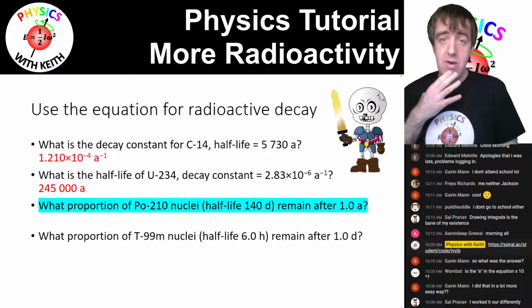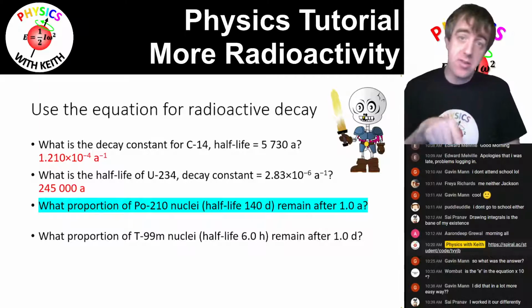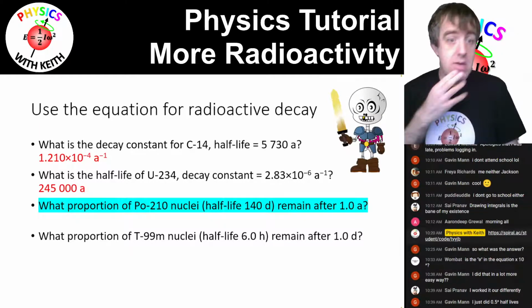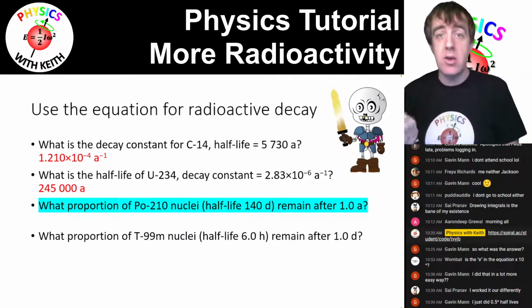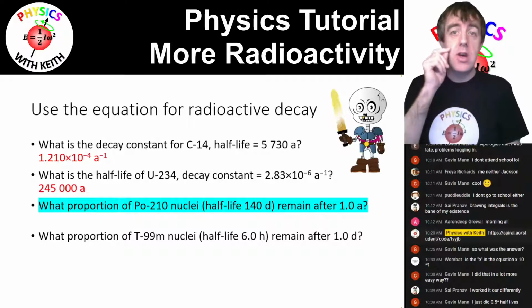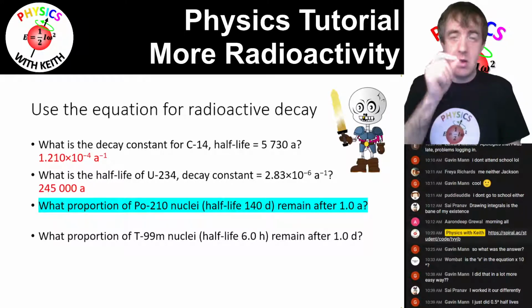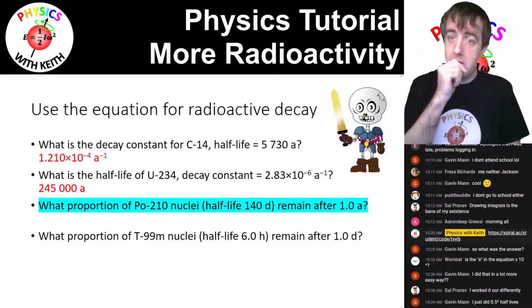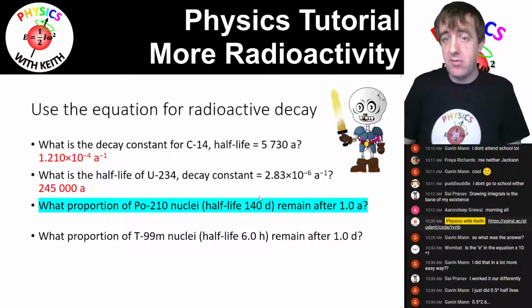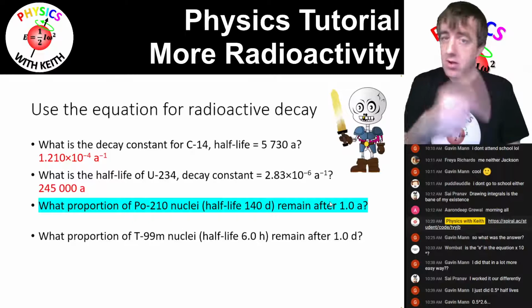Yeah, absolutely, Pranav, almost certainly. So last week we looked at an equation where the proportion that was remaining was equal to half to the power of the number of half-lives. And so you could work out the number of half-lives as a fraction here. Exactly, yeah. So have a look at the chat.